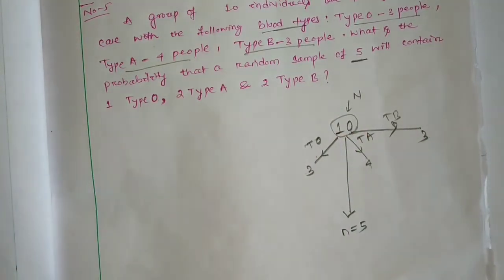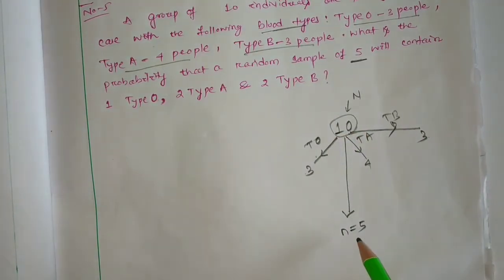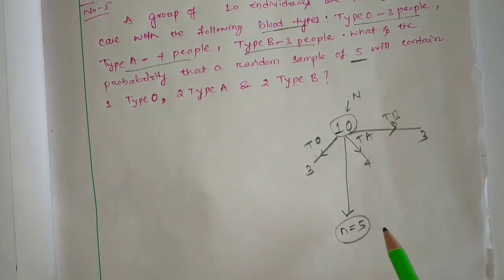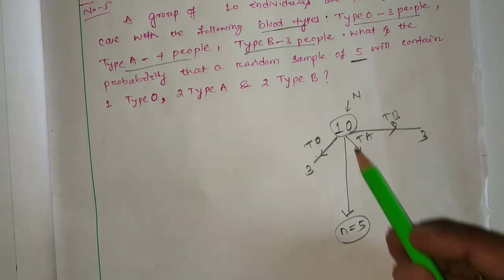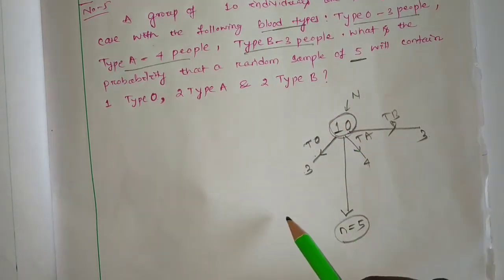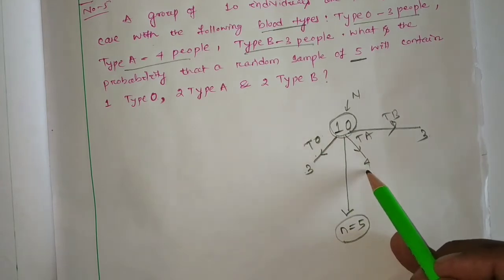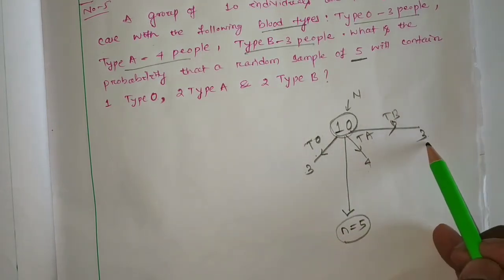Now we draw 5 persons randomly from the 10, having O blood group 3, A blood group 4, B blood group 3.